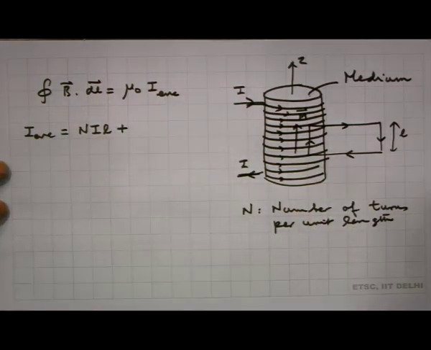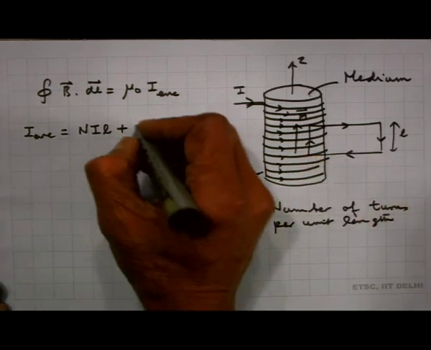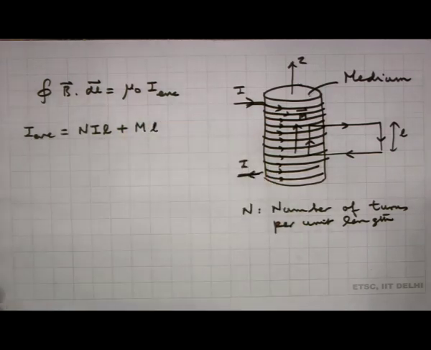Magnetization is equivalent to a surface current passing in the same direction as this current, and magnetization, which is the current per unit length, times L will be the current due to the magnetization.